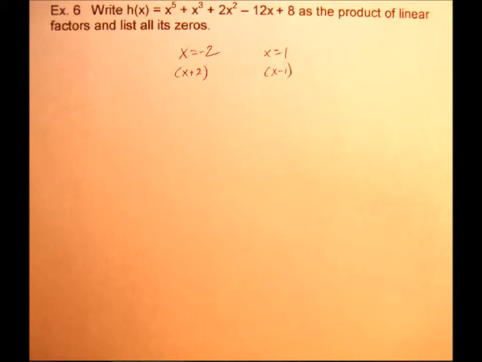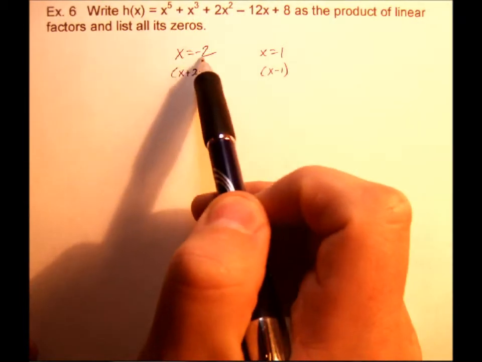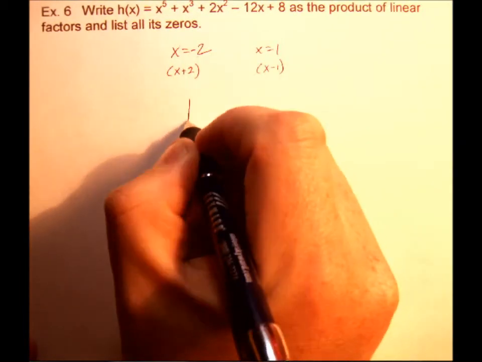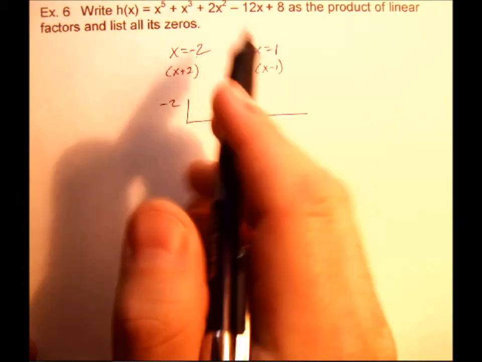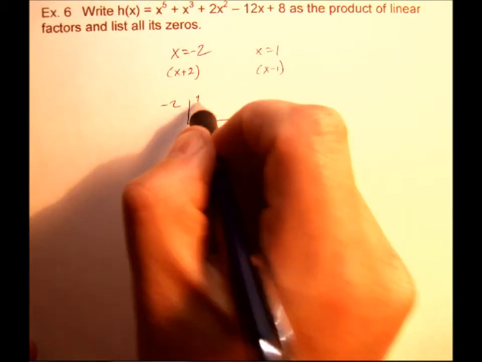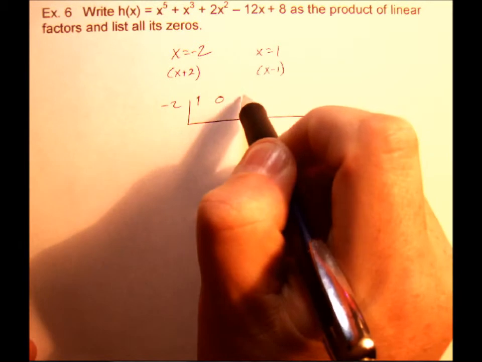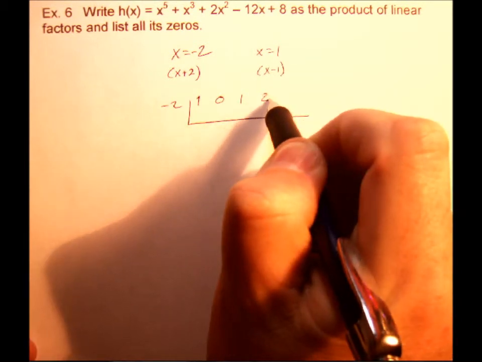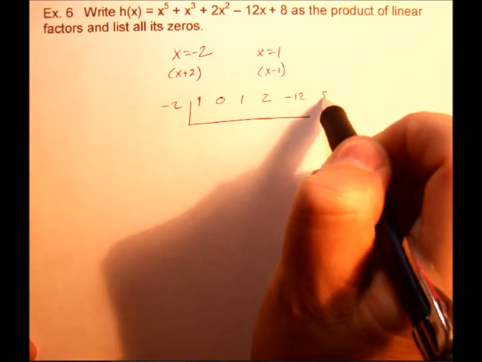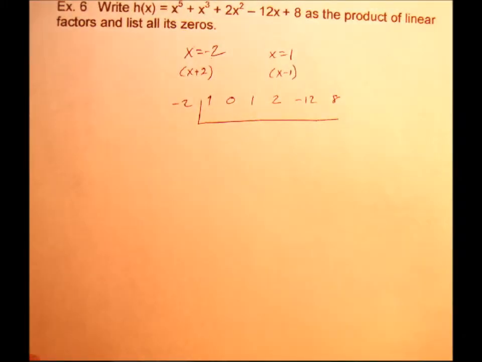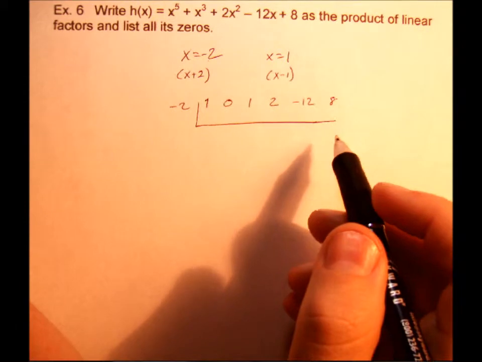Knowing that much, we can start our synthetic division, and let's use the -2. We start with the fifth power, there's no fourth power, then the cubed, the squared, the x, and then the number. Since we know it is a factor, it has to come out to be 0 as our remainder.